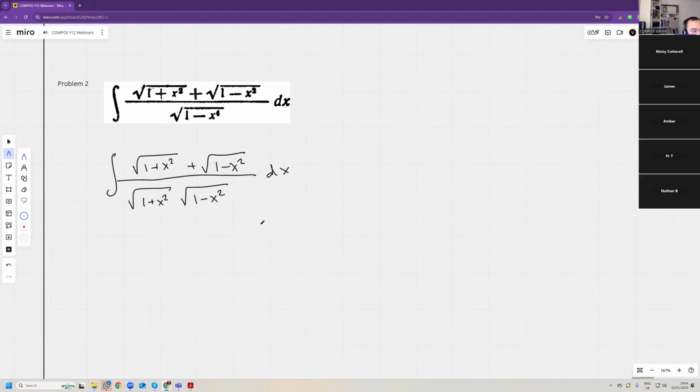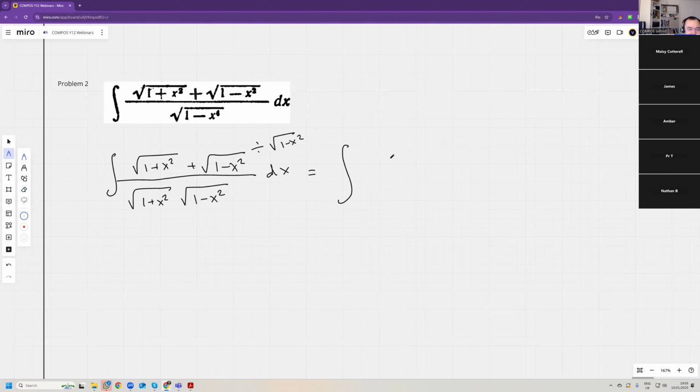I can divide top and bottom by square root of 1 minus x squared. Let's see. I get square root of 1 plus x squared over 1 minus x squared plus 1 divided by square root of 1 plus x squared. No. Ooh, that is beautiful.